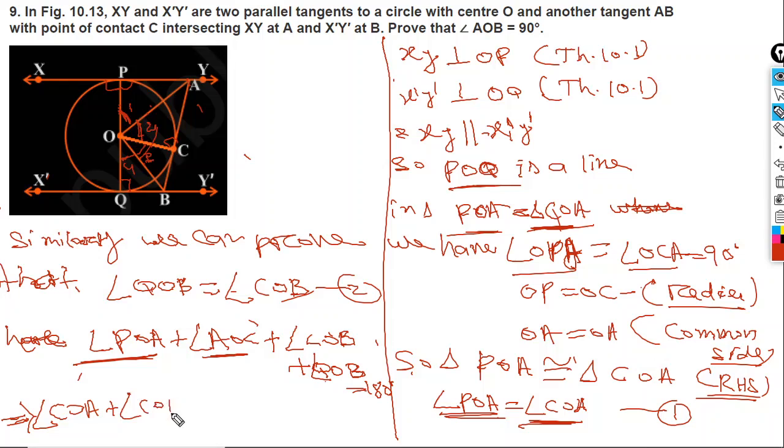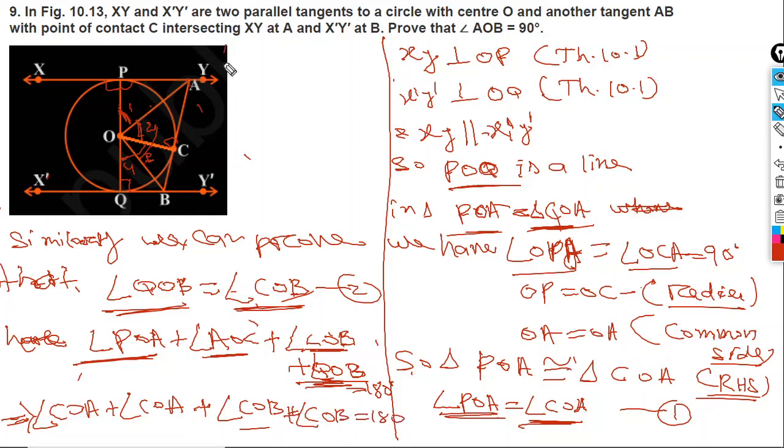Angle COA again, plus COB is there. Look at the figure. COB plus QOB. You know that angle QOB equals COB. So instead of QOB we will write COB, plus COB equals 180 degrees.